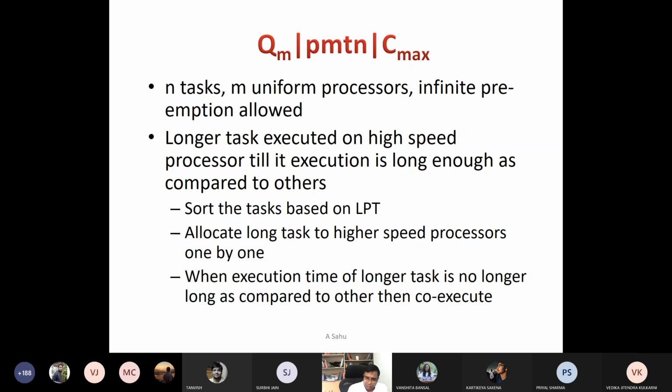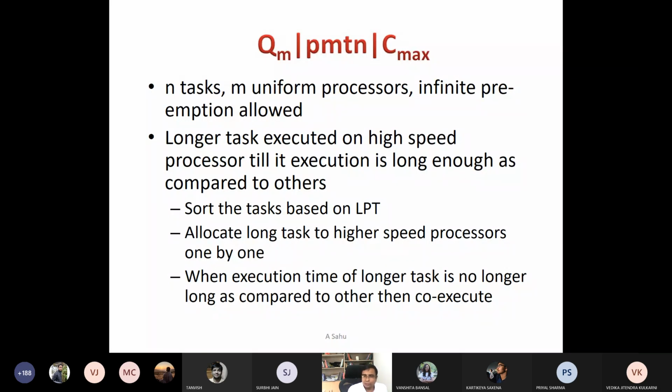Suppose you take the longest task and try to assign it to the highest speed processor, and you keep it there as long as it is long enough compared to other tasks.